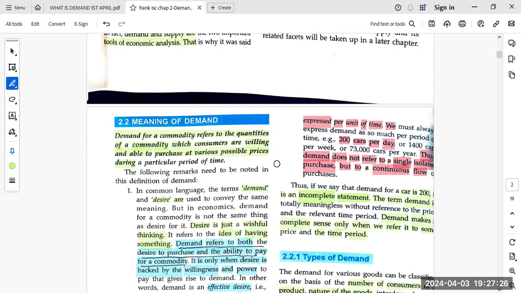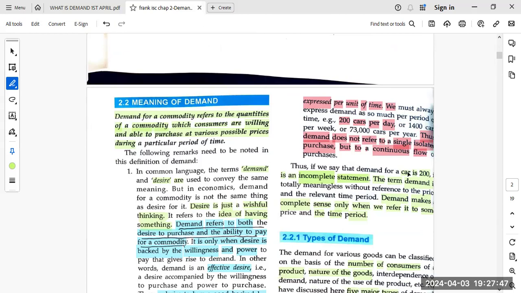Whatever grocery is coming into your house for a month, it is a flow concept, because together you are purchasing it and keeping it, but every day maybe 100 grams of pulses is getting cooked, 250 grams of rice is getting cooked, some vegetables. So every day there is demand with a certain quantity. So this is the flow concept.